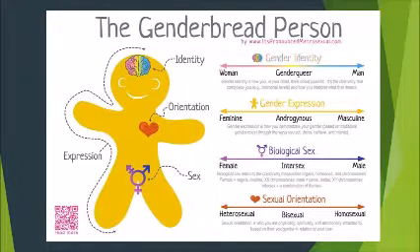Then there's our body parts, right? Our biological sex, male, female, intersex. Then there's the idea of sexual orientation, our hearts, who we are attracted to, who we love. And in that regard, you can be heterosexual, homosexual, bisexual, pansexual, fall somewhere on that spectrum.